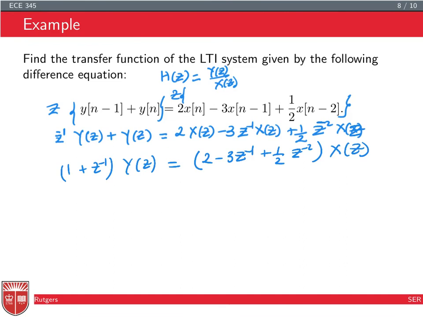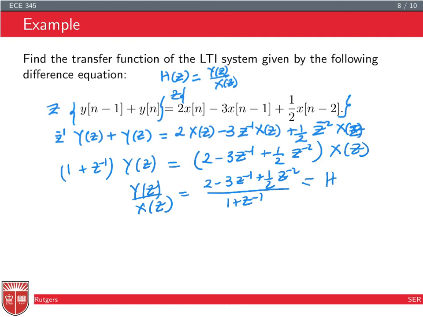And then I can write y of z divided by x of z equal to (2 minus 3 z to the minus 1 plus 1/2 z to the minus 2) divided by (1 plus z to the minus 1). And this is the transfer function of the system.